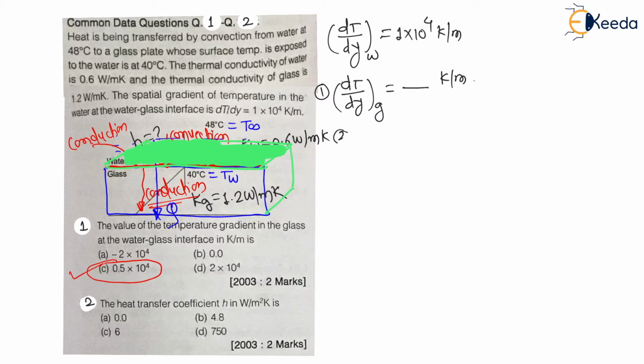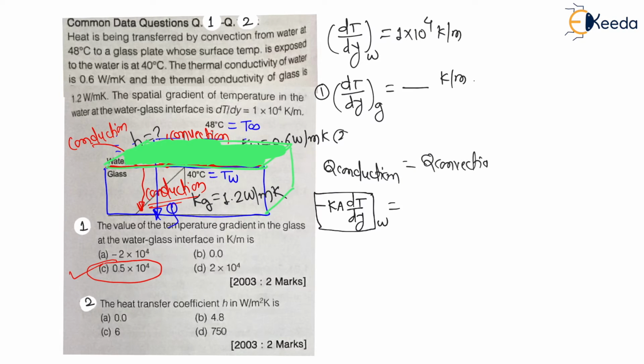Therefore, the heat transfer by conduction, q conduction, we can equate with q convection. Now the conduction in water is minus kA dT by dy in water, equal to conduction in glass, minus kA dT by dy in glass, equal to convection.